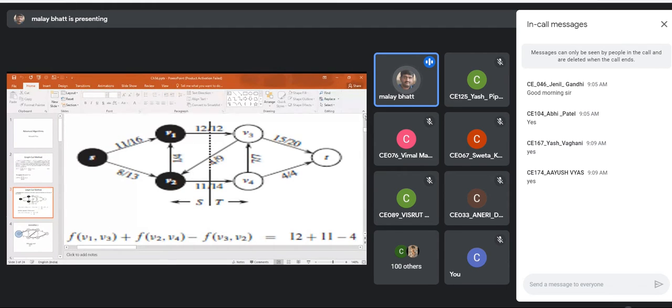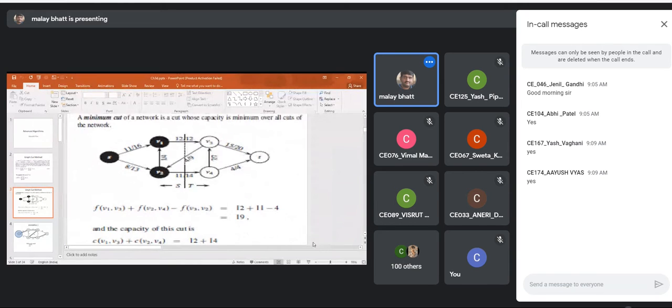And capital T consists of three nodes V3, V4 and T. So the outflow from capital S is 12 plus 11, and the inflow to this part S is 4. So 12 plus 11 minus 4 is the actual flow of this cut.